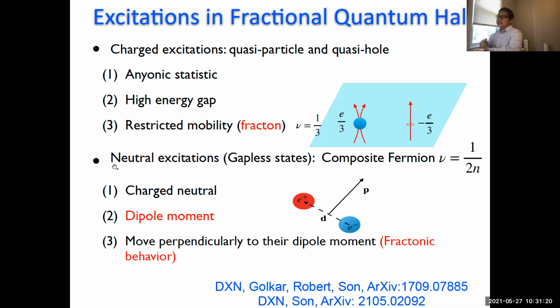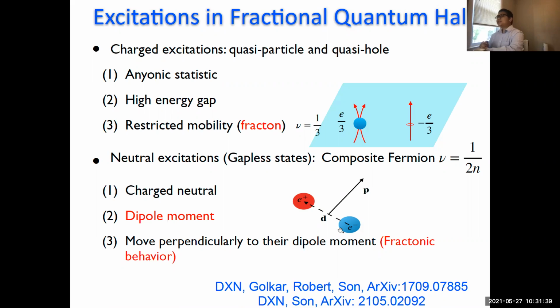And also the other excitation, the neutral excitation, which is the composite fermion when the filling fraction equals 1/2, 1/4, and so on. This composite fermion is charge neutral, and it has a dipole moment.